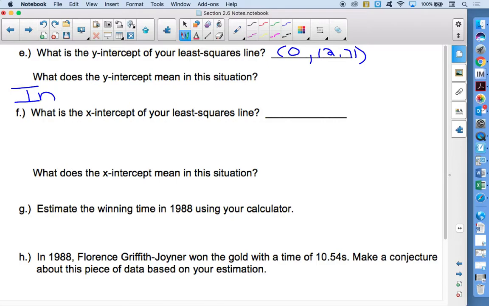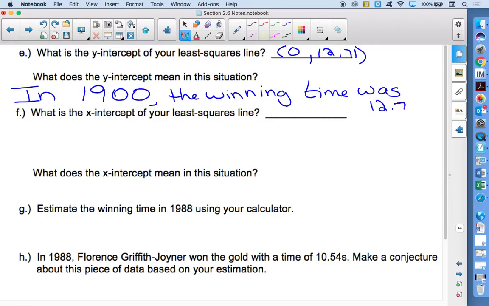Is it 28? Not 28, but that's the year 0. Just 1900. Oh, okay. I thought it was starting at 0. So starting in 1900, 28 would be 1928, the 28th year past 1900. So in 1900, the winning time was 12.71 seconds.